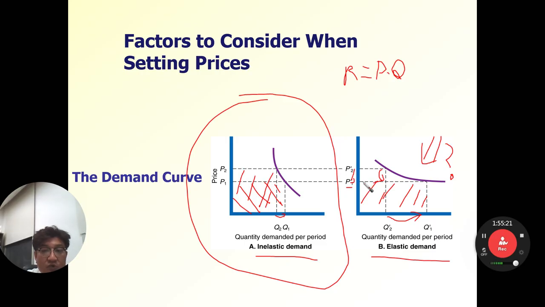You have to keep your price at the lower level, P1. However, what about this? P1 and Q1, even if you increase the price to P2, you're going to be better off. That is the paradise for the marketer.